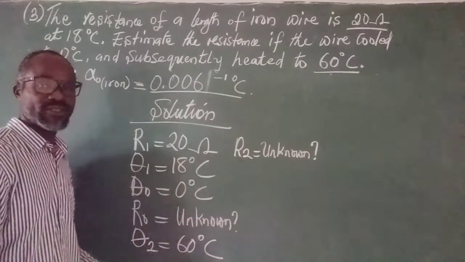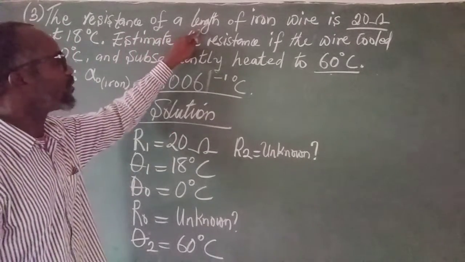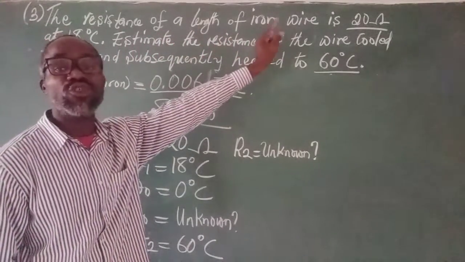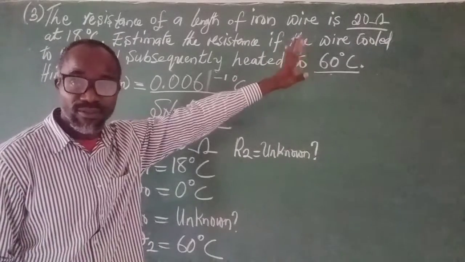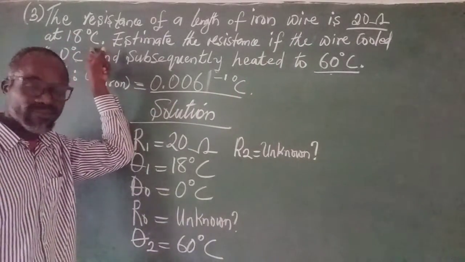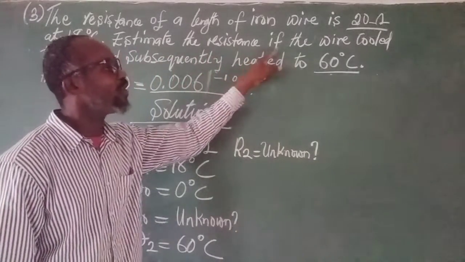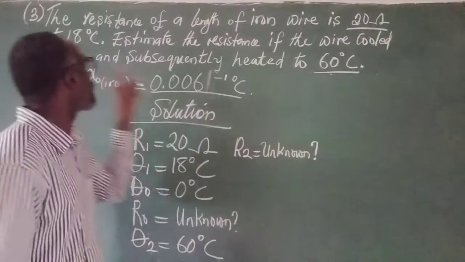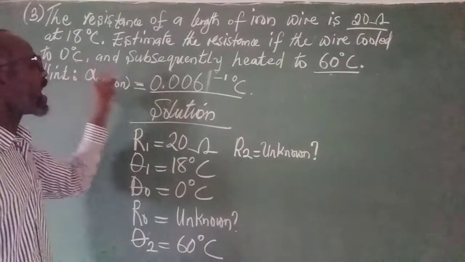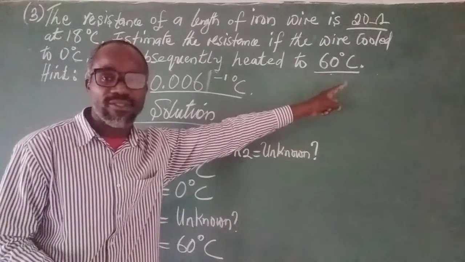Now let's read the question. The resistance of a length of iron wire is 20 ohms at 18 degrees Celsius. Estimate the resistance if the wire is cooled to 0 degrees Celsius and subsequently heated to 60 degrees Celsius.